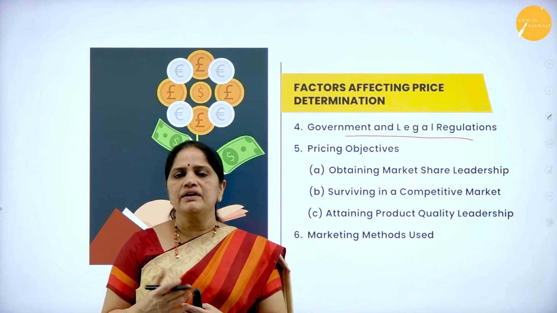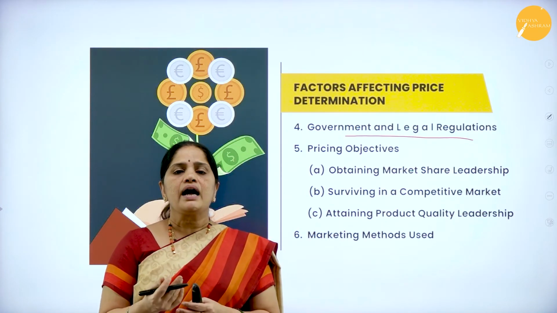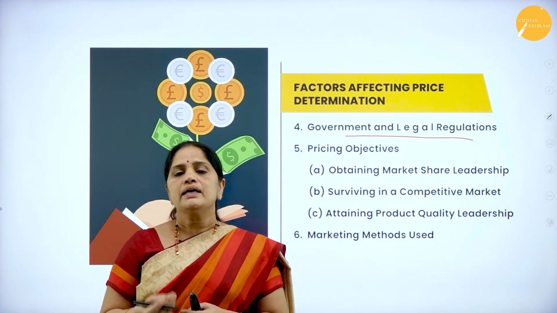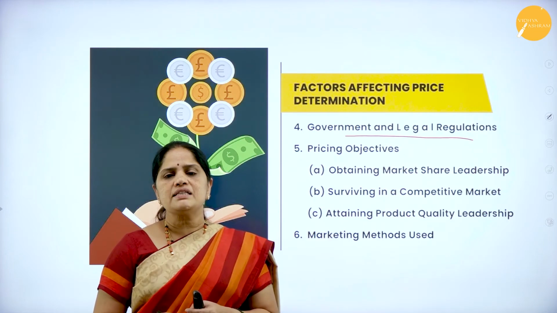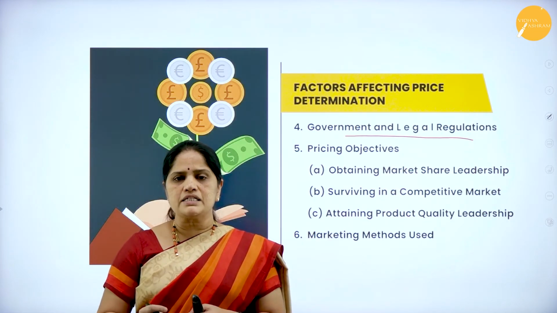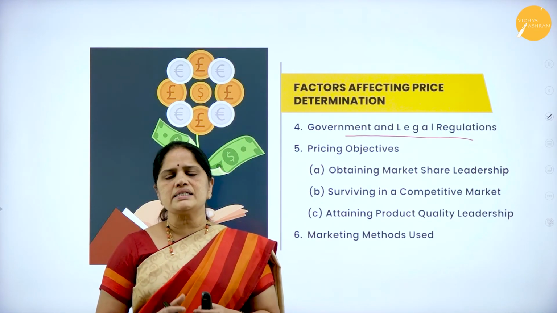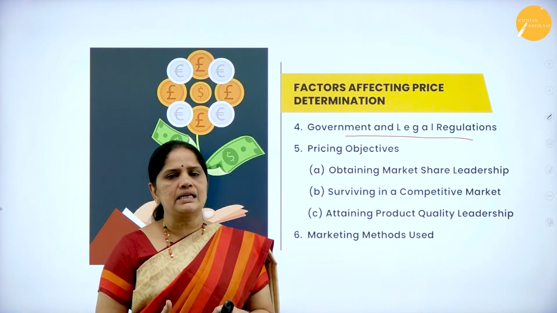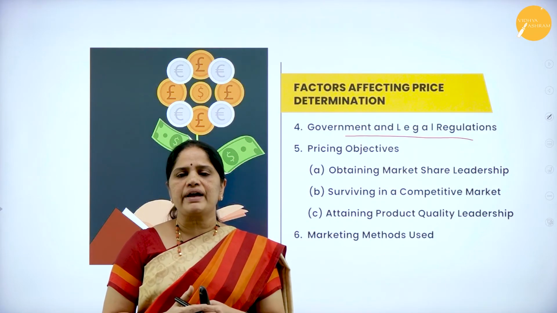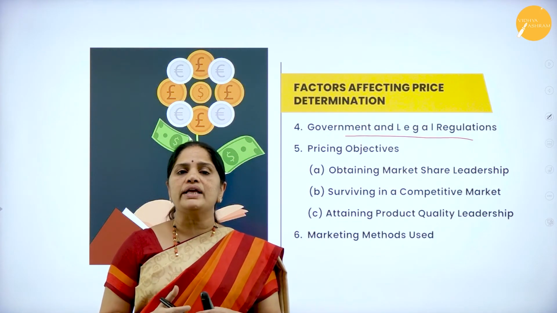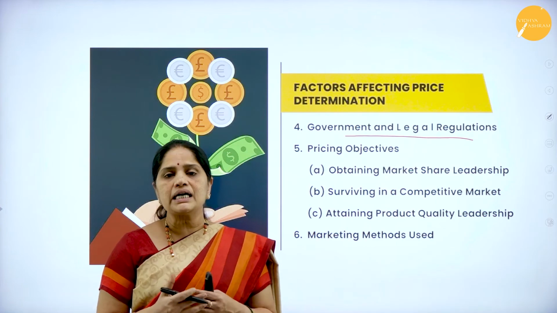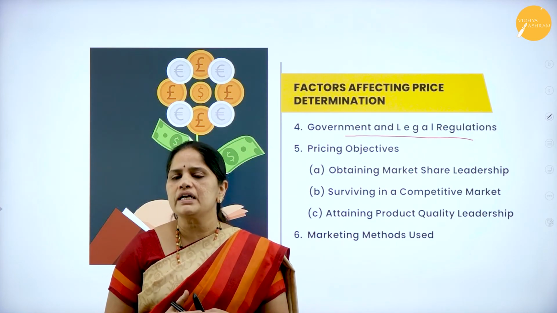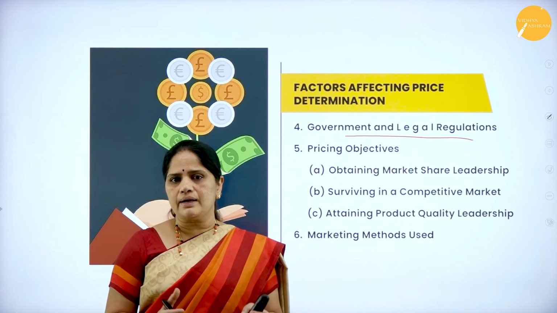For example, if it is a very life-saving drug and it is being manufactured by a sole manufacturer, then the government can always fix the price at which that drug is being sold, so that it is within the reach of the common man who can make use of it easily. So in this way, the price factor will be decided by the regulations which are fixed by the government on certain commodities, so that it is affordable to all sections of the community.